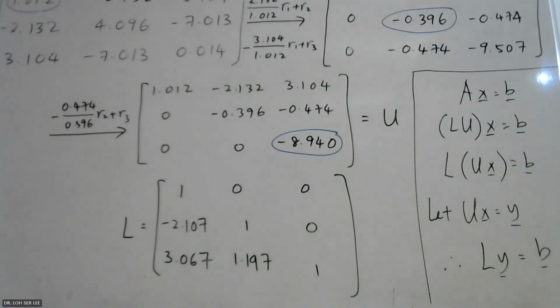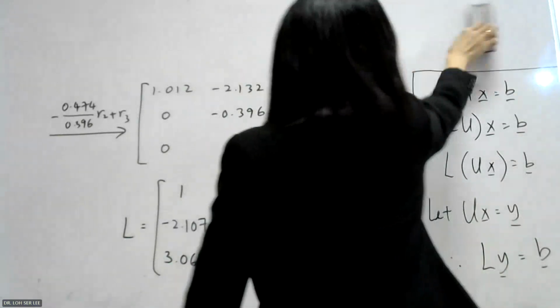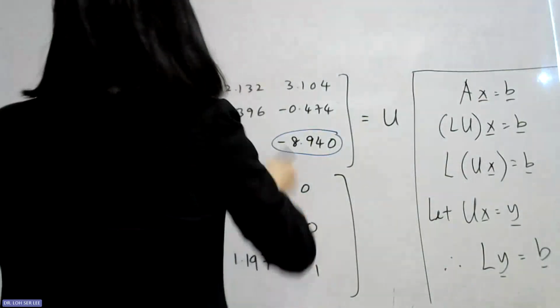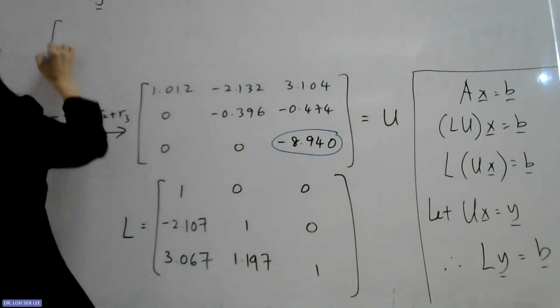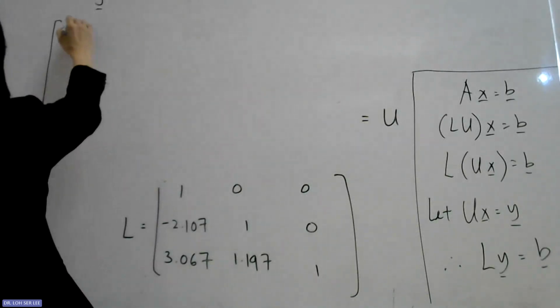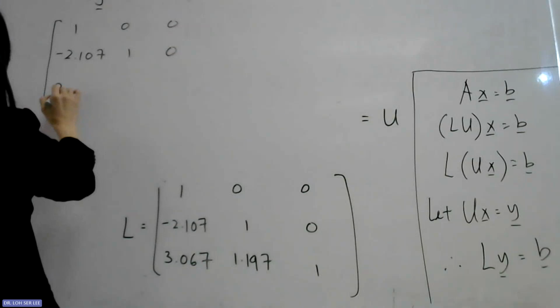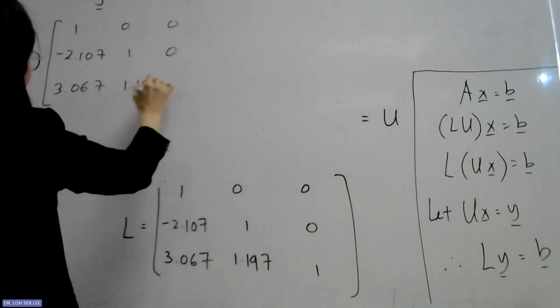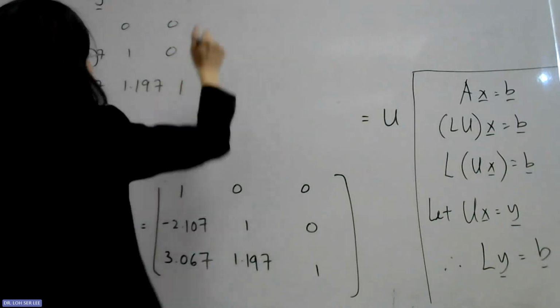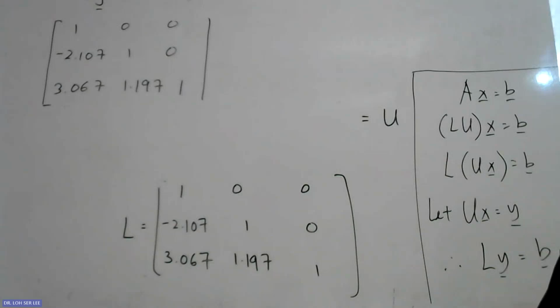Okay. So from LY equals to B, you can use augmented matrix for LY equals to B. So B is this one.